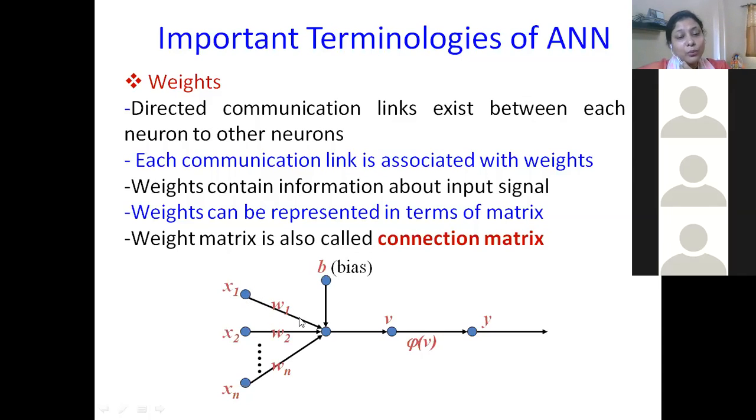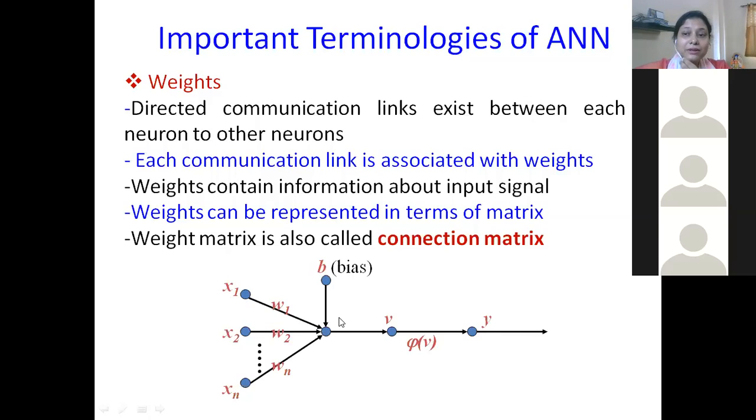We have one weight, that is w1, and one neuron in the next layer, and we have one output like y.